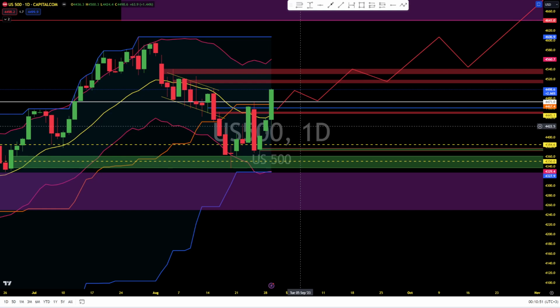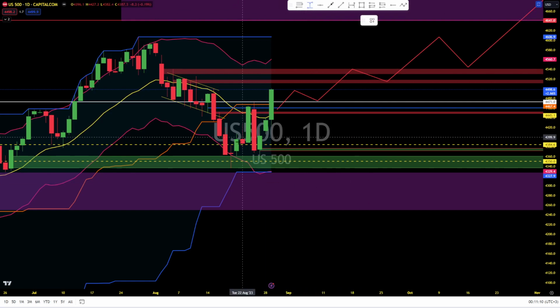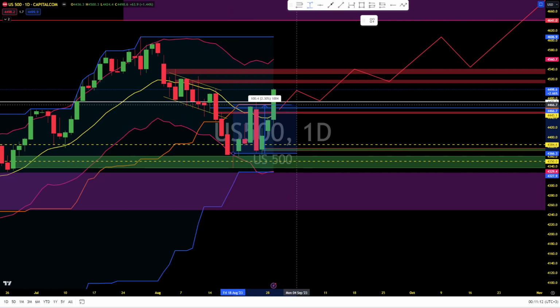The reason I think the system is cool is that if you play the reversals, it gives you defined stop losses, and it also gives you defined risk rewards. That means you know you can hold the trade up until the middle of the Donchian channel.